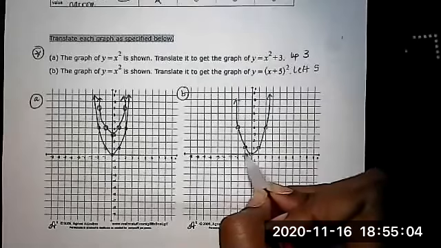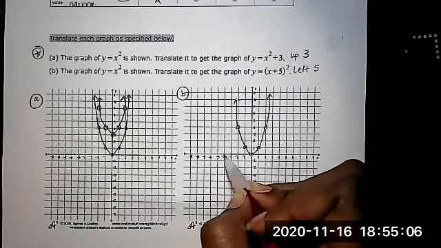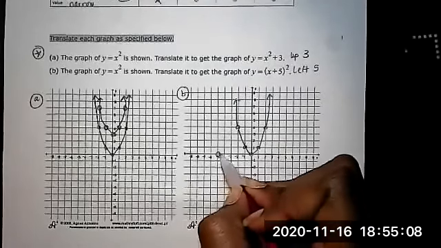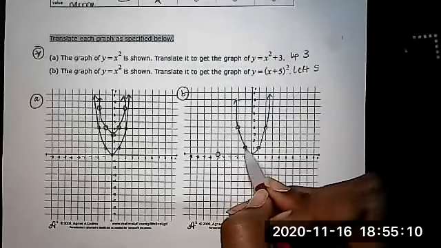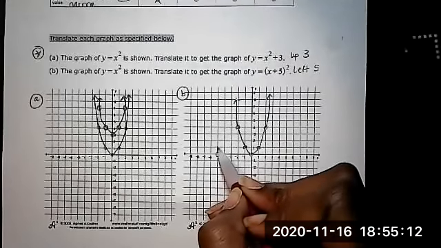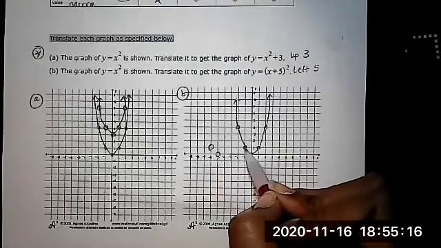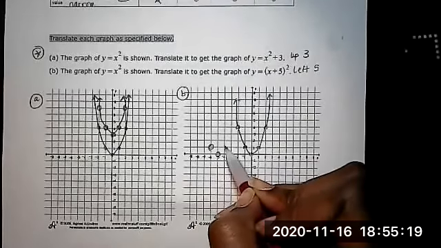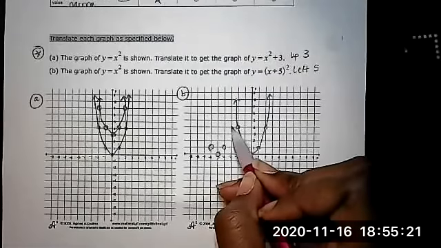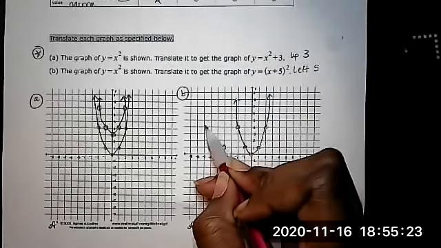So here I would move 1, 2, 3, 4, 5. I take this one and move 1, 2, 3, 4, 5. This 1, 2, 3, 4, 5.